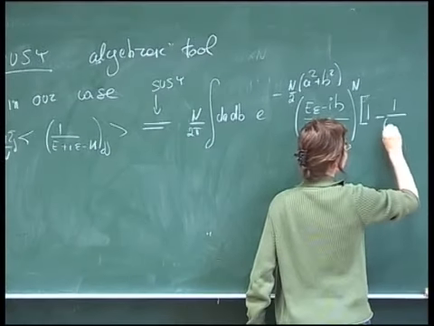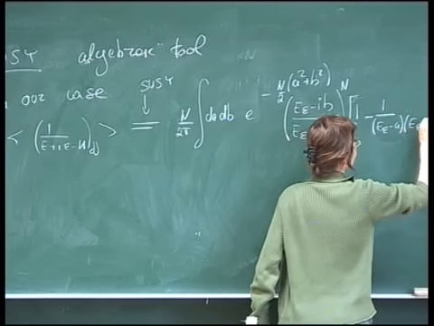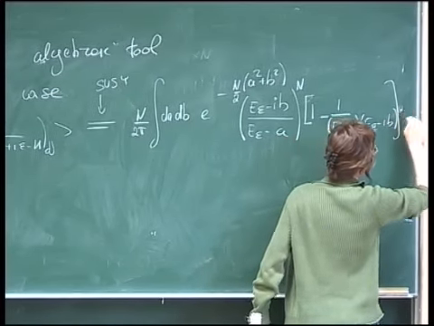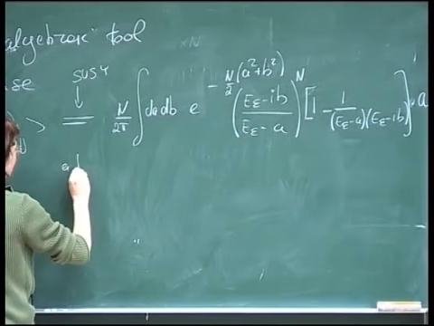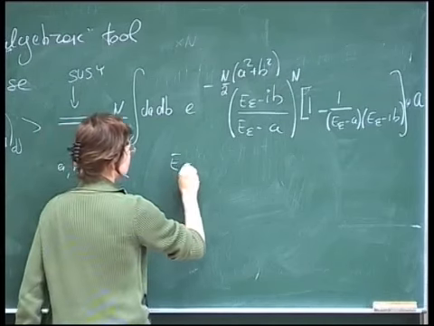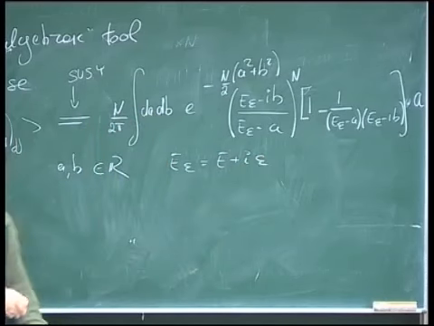Here a and b are just real variables, and they are integrated from minus infinity to plus infinity. And E epsilon is an abbreviation for E plus i epsilon.